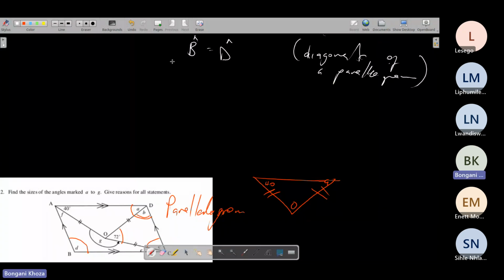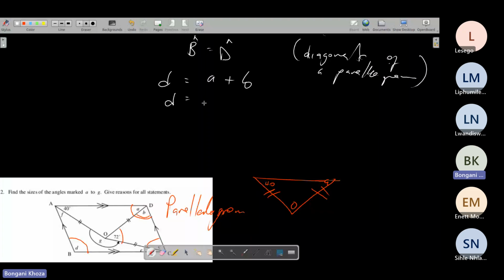So angle D is equal to A plus B. For angle D, this entire angle D is A plus B.